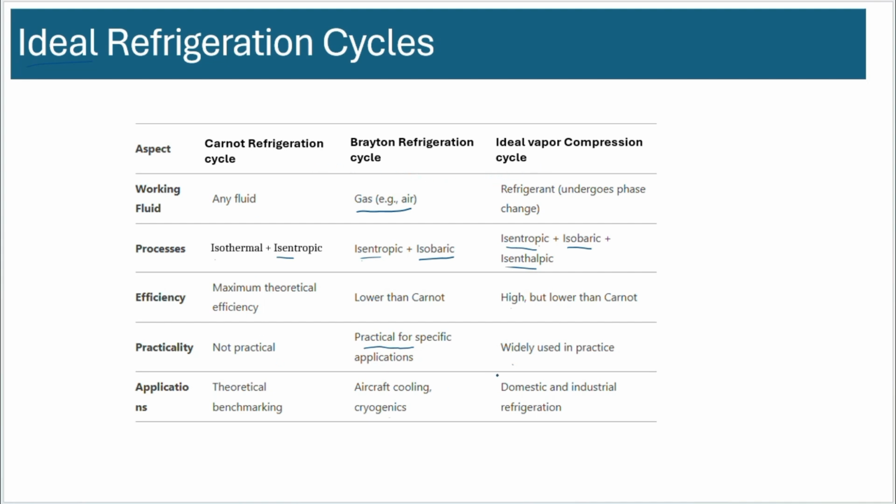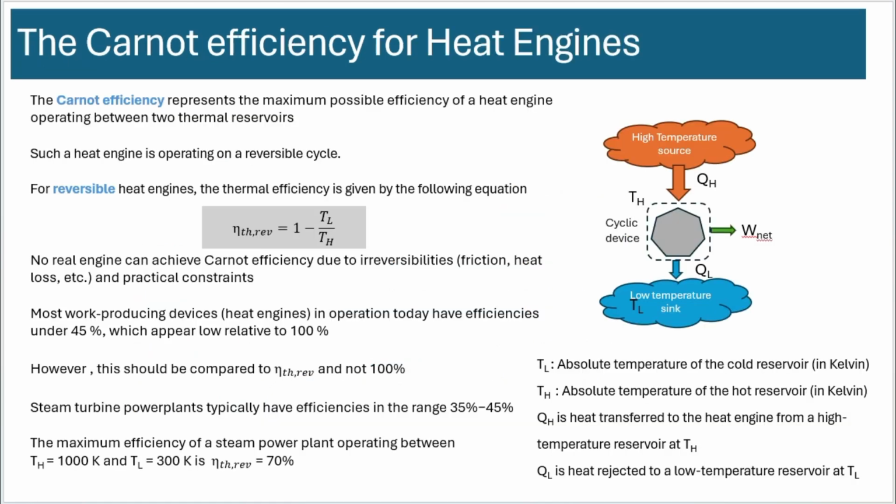To analyze these systems, let's first start with a Carnot heat engine. If you remember, we had discussed that the efficiency of a heat engine is basically 1 minus QL divided by QH, which for Carnot is also equal to 1 minus TL by TH.